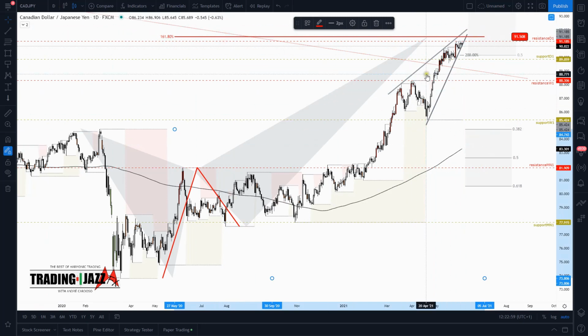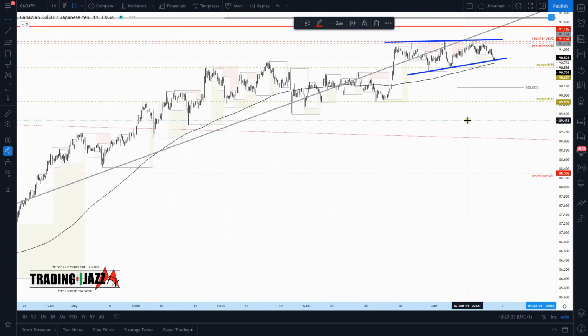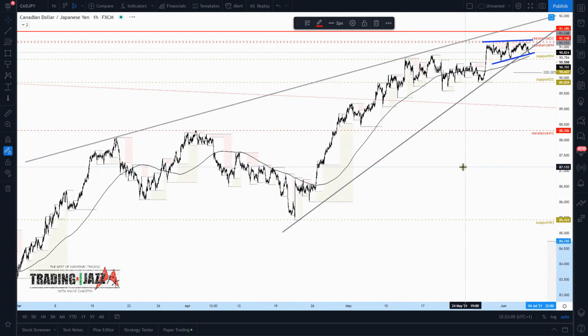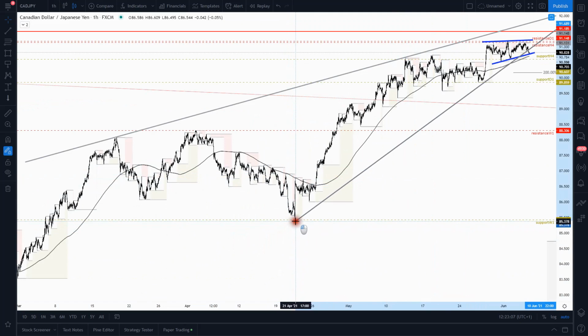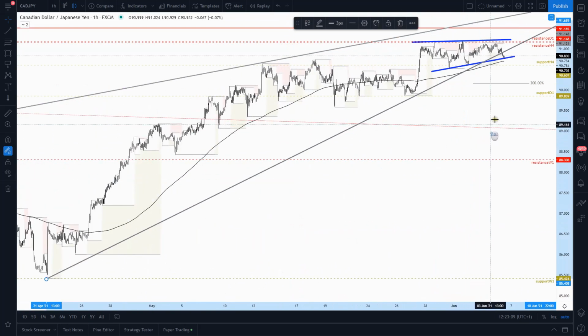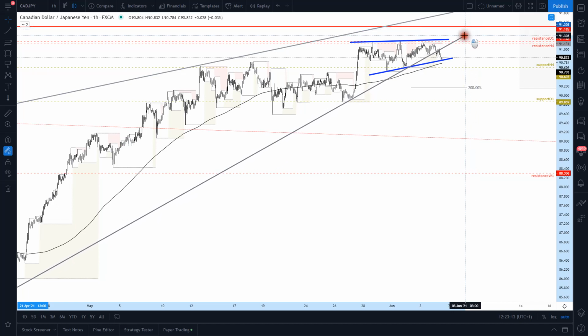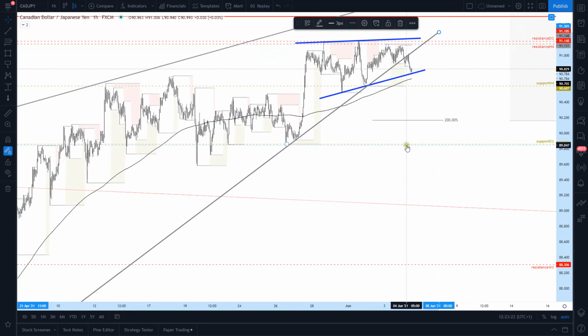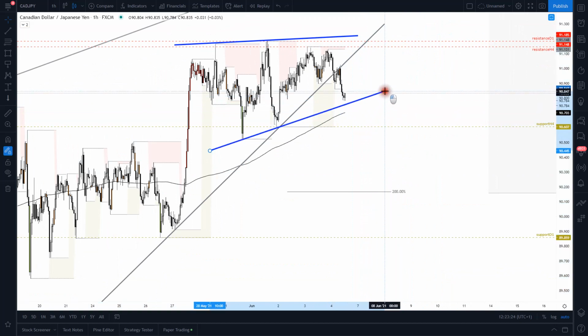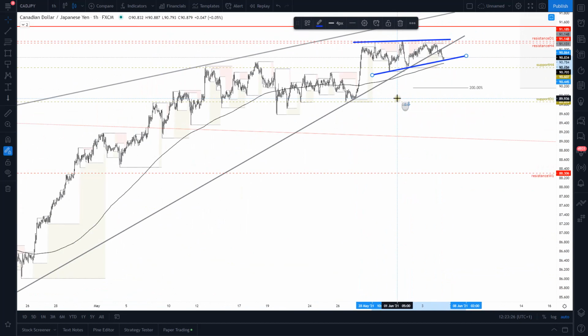Note that we're still trading inside this ascending wedge, and I will not be surprised to see, since the market is now threatening this structure, actually, if we connect those dots, the price should trigger a nice setup here, but we also have this eventual trend line support.